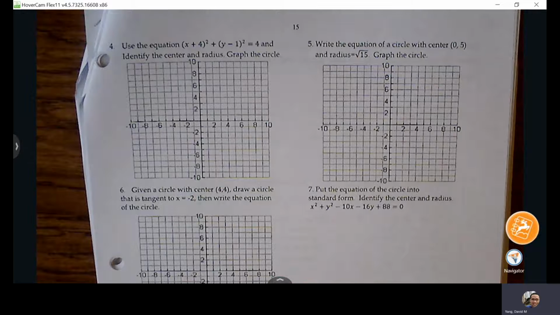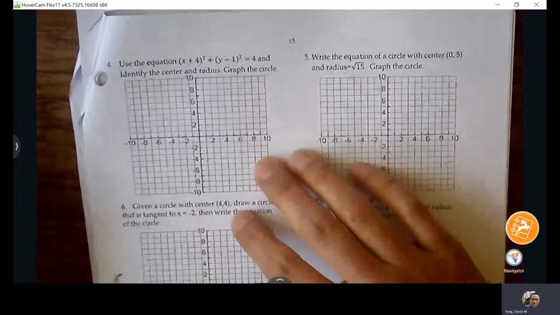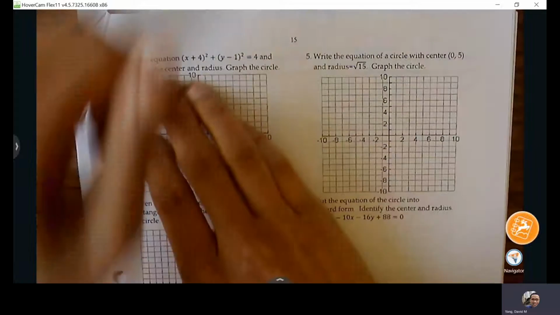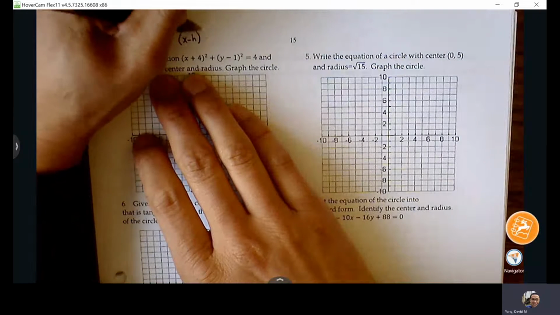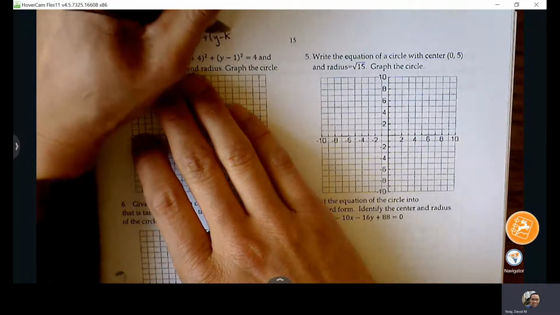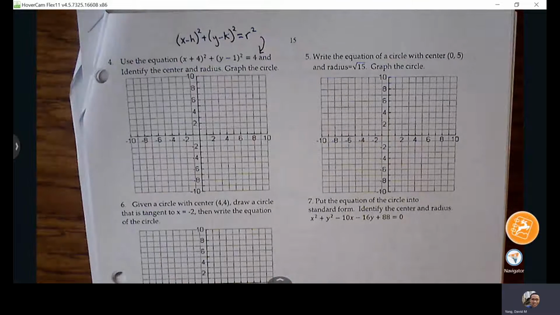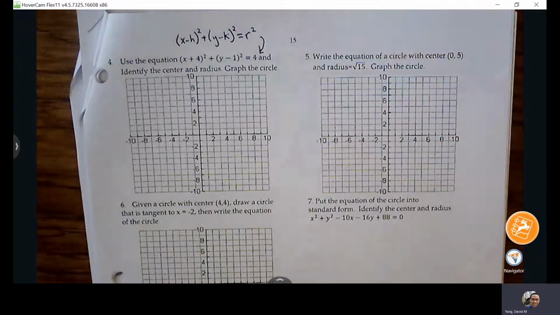I'll work through the problems as you guys are working through them as well. Because it's that number divided by 4.